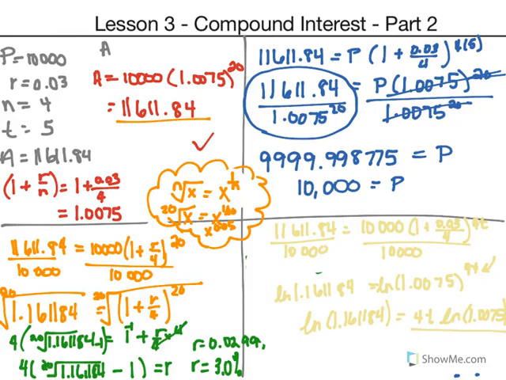We're going to divide by 4 and the natural logarithm of 1.0075 so that this cancels and the 4 cancels. So this is what you're typing into your calculator, and to get t, you should get 4.999 years, which is 5, which is what we were looking for. So that is how you would manipulate each of those formulas.